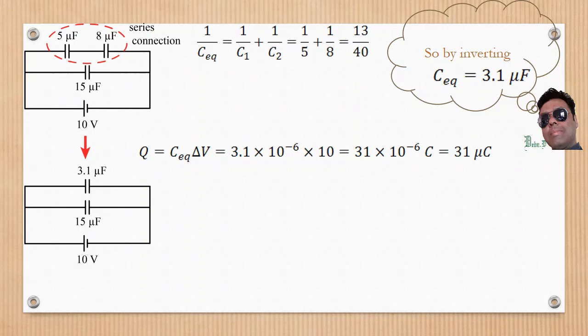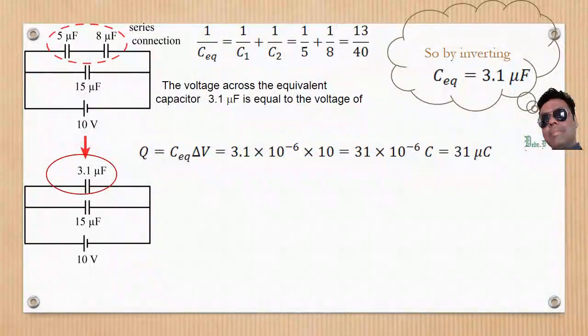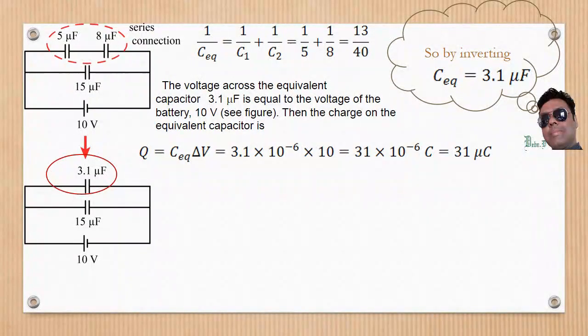Now this 3.1 microfarad, in the second diagram you can see, is in parallel with 15 microfarad. So the voltage across the equivalent capacitor of 3.1 microfarad, because it is directly in parallel with 10 volts, is 10 volt. So Q would be equal to C equivalent into delta V, so it will be 3.1 micro into 10 to the power minus 6 into 10, so it will be 31 microcoulomb.